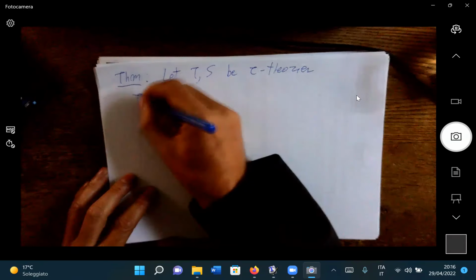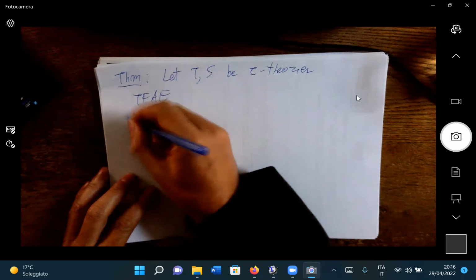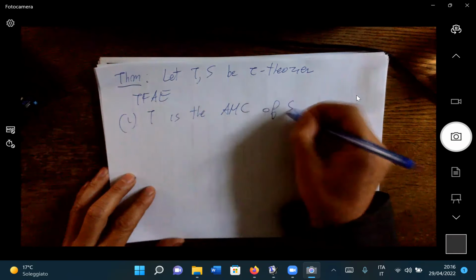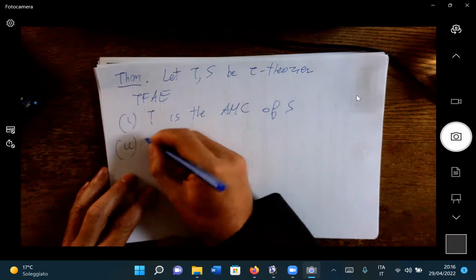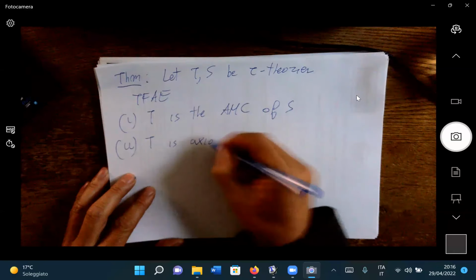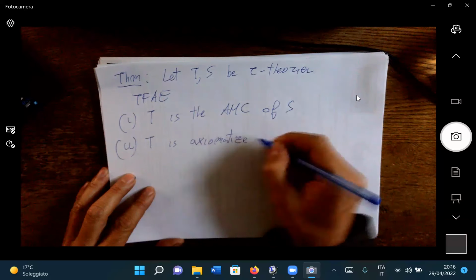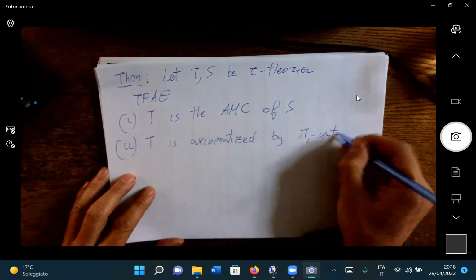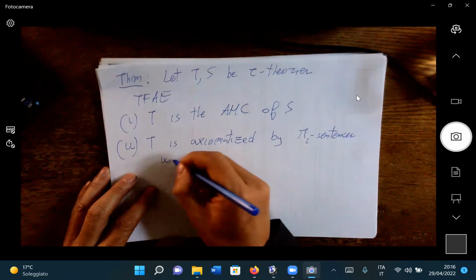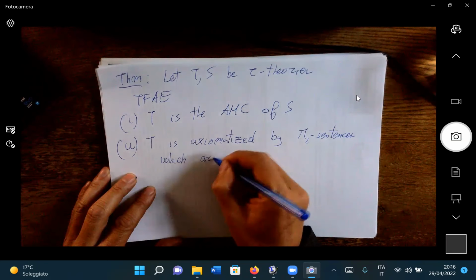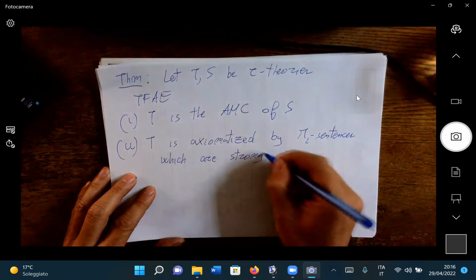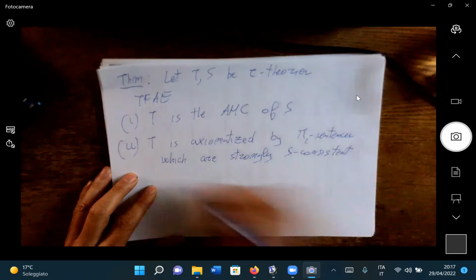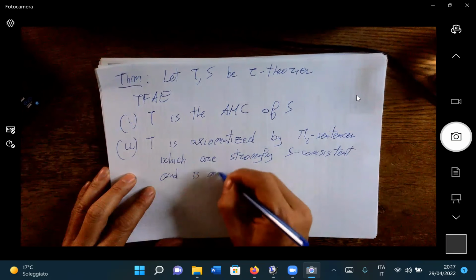The following are equivalent. 1, T is the AMC of S, and 2, T is axiomatized by pi2 sentences which are strongly S consistent, and T is model complete.